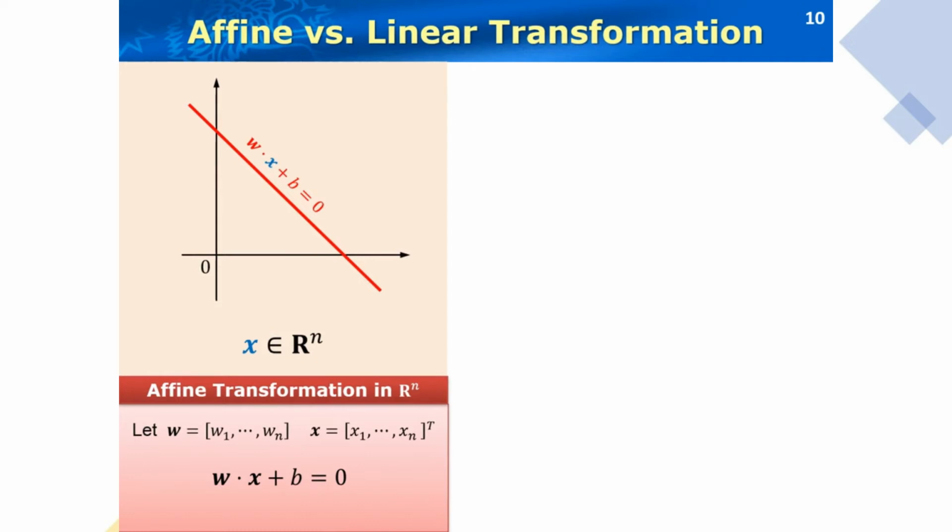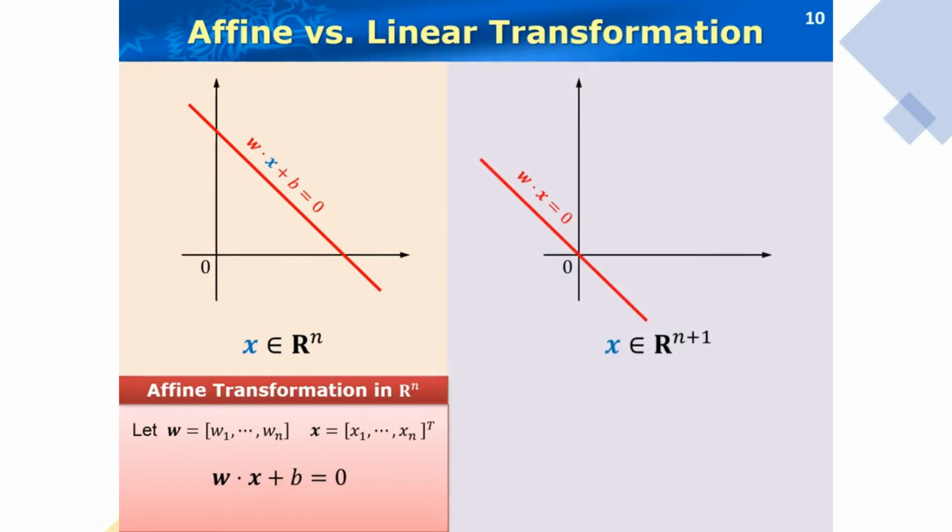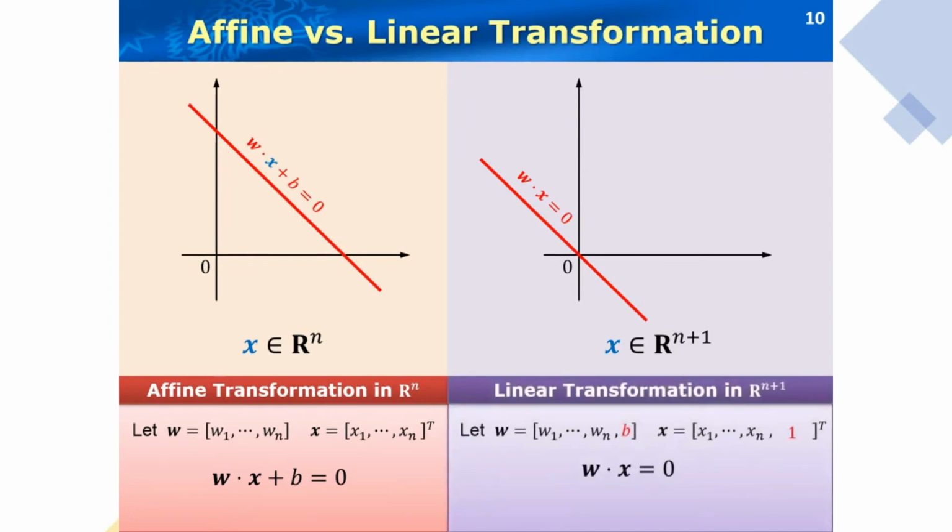If the line wx plus b is equal to 0 does not cross the 0 point, we call it an affine transformation. Otherwise, the line crosses the 0 point, which becomes wx is equal to 0, and we call it a linear transformation. It is important to note that any affine transformation in n dimensions can be converted to a linear transformation in n plus 1 dimensions.